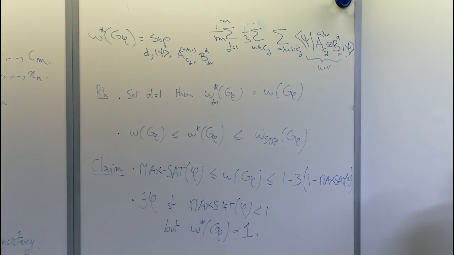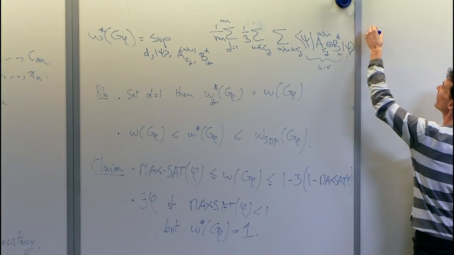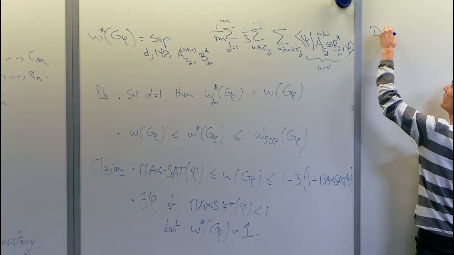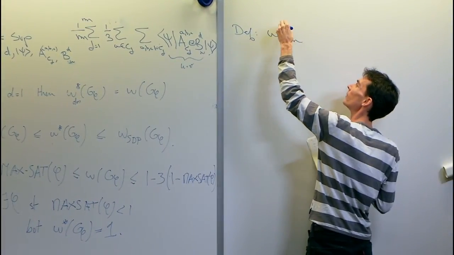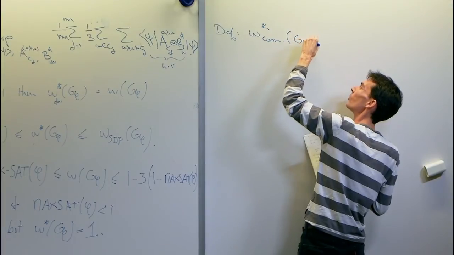Okay, so that's all stuff we had seen before. Now, maybe a more interesting remark. I'm going to define, it's not going to be needed, but I'll define the commuting quantum value of the game. I'll define it informally. What is this?